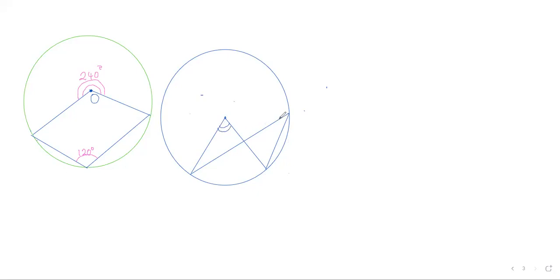This angle here is twice that angle there. So if this angle is 40, this one will be 20 degrees. If that angle is 40, this one will be 20 degrees. So the angle at the center is twice the angle at the circumference. That's what you have.